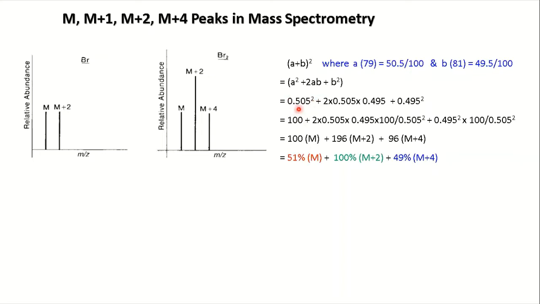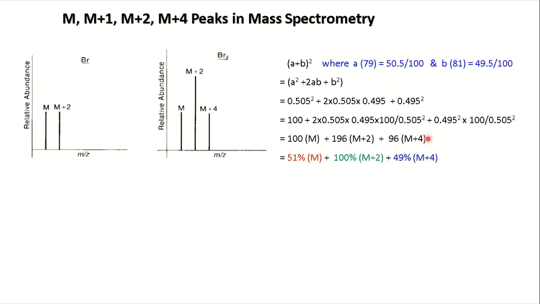That means I multiply by 100 and divide by 0.505 square, which nullifies it and gives 100. And what we are ultimately getting is that A square is 100, 2AB is 196, and B square is 96.